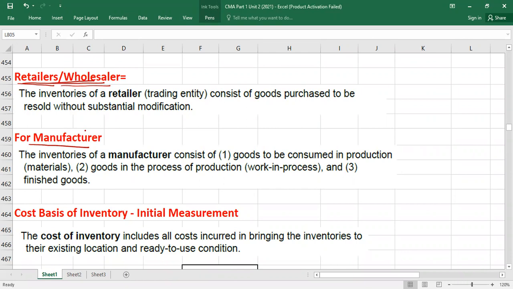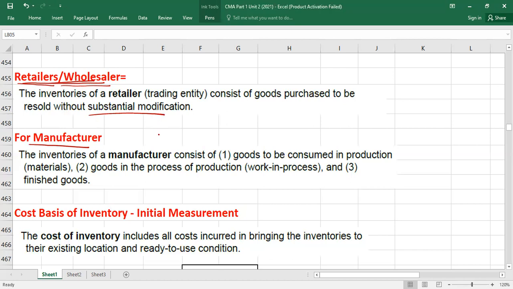So they buy the ready-made product and sell it as it is without significant modification. They don't modify the products much. Maybe they can change the packing, things like that, but without significant or substantial modifications, we are selling. So those businesses are called retail businesses. There are a couple of examples, obviously, like the Outlet, Lulu Center, Carrefour in UAE.